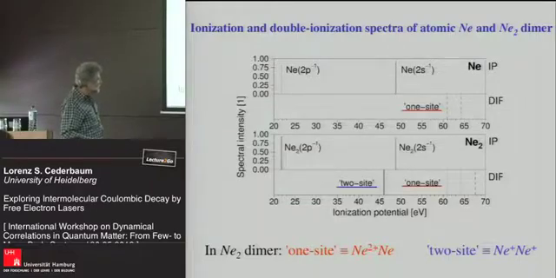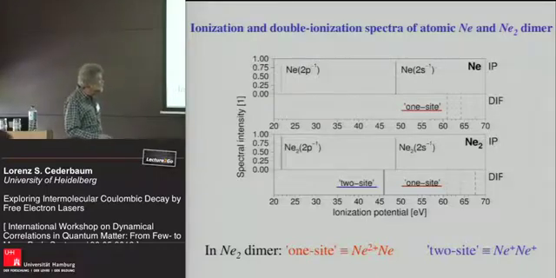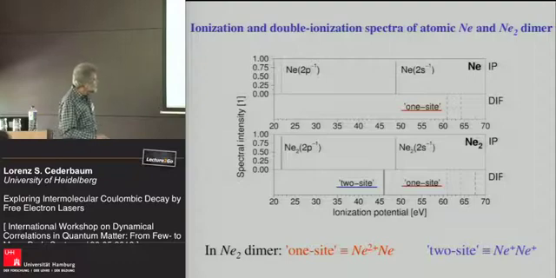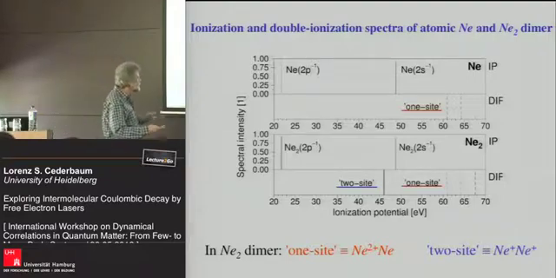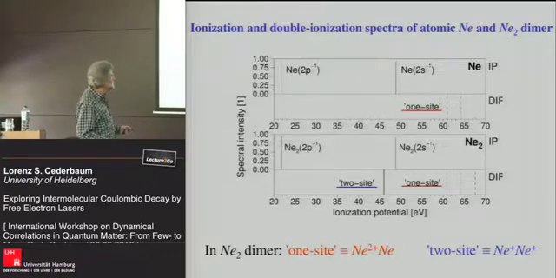So these are the one-site thresholds where you remove the second electron from the same neon, and this is again much too high in energy, but you have the 2-site threshold, neon plus neon plus, which is about 15 eV lower, and now the channel is open. Now this level can decay by emitting an electron from the neighbor. Then you have neon plus neon plus, and you have the Coulomb explosion, and it was all very nicely measured.